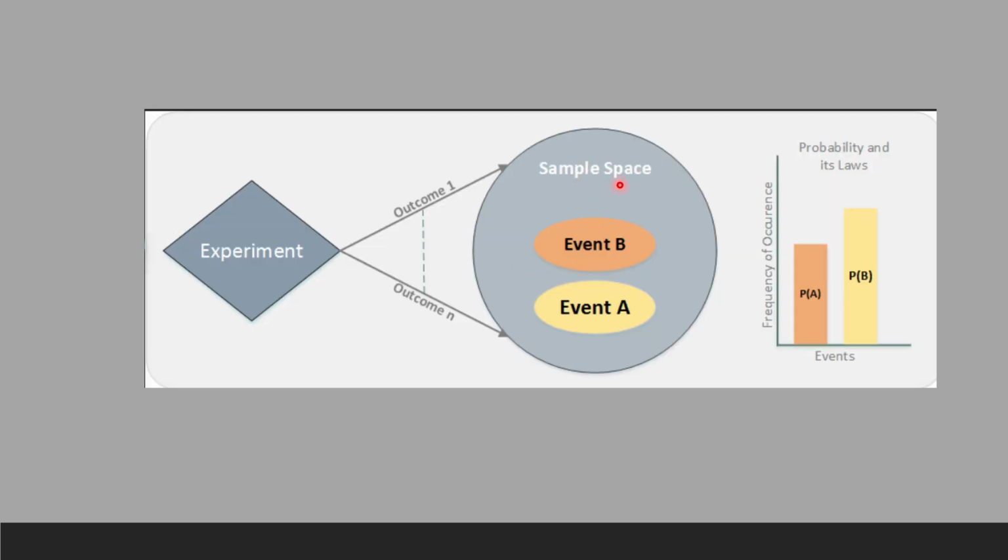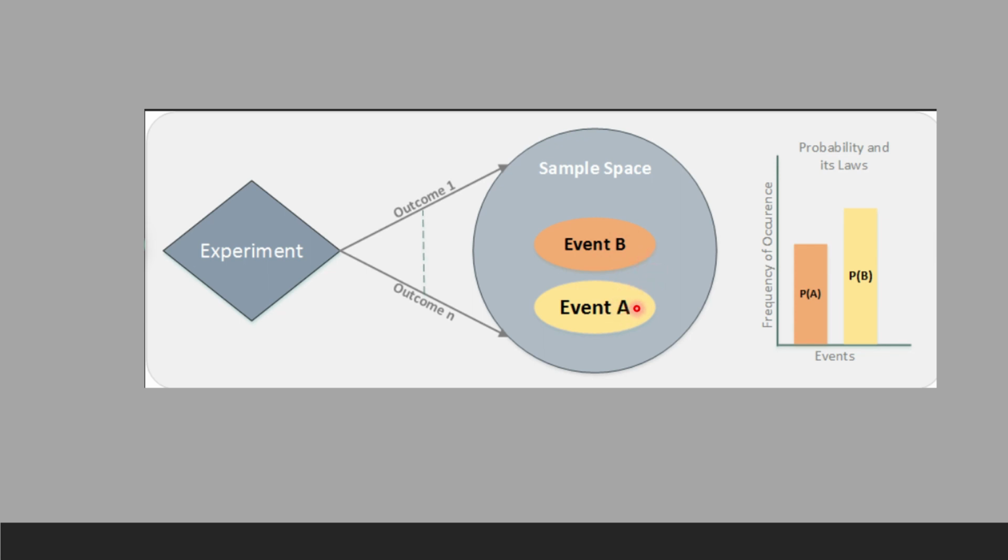Sample space: for example, if you are tossing a single coin, then the sample space will be only heads or tails. But if you are tossing two coins, then the sample space will be head head, head tail, tail head, and tail tail. Here event A and event B can be different.